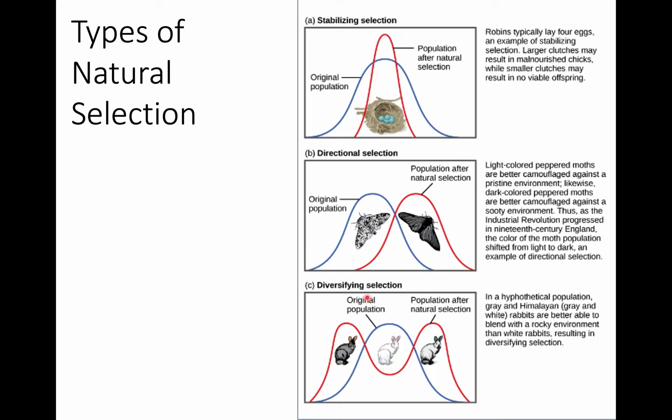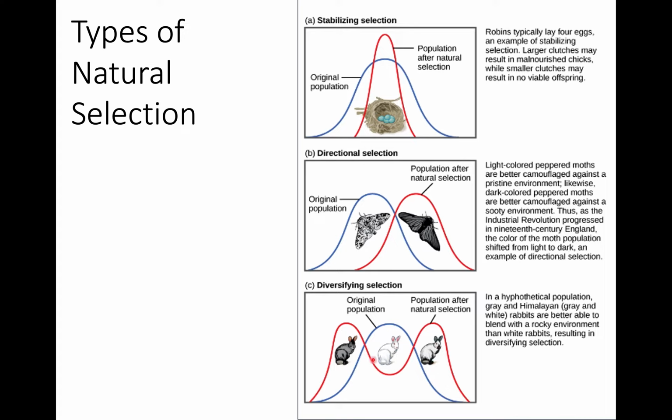Finally, diversifying selection gives rise to encouragement of the extreme ends of a phenotype. This is a hypothetical population of rabbits. Most of them have a total white covering, some have dark covering, and some have gray with some dark areas.